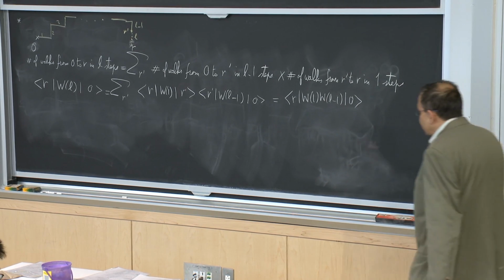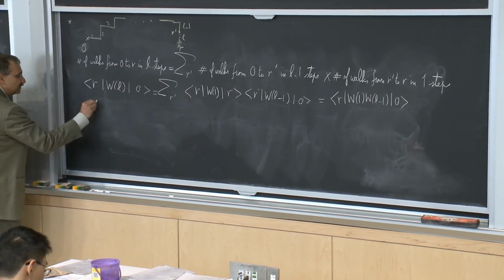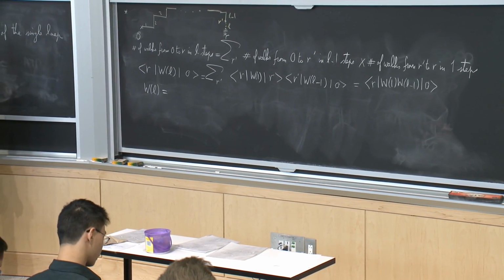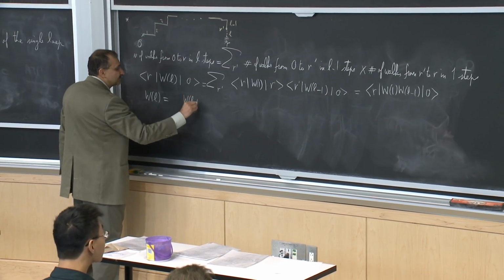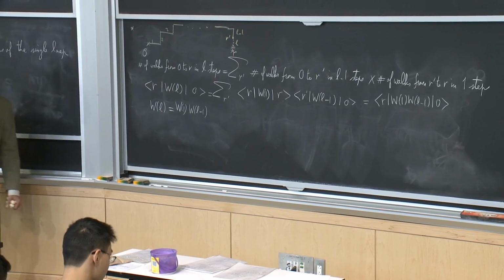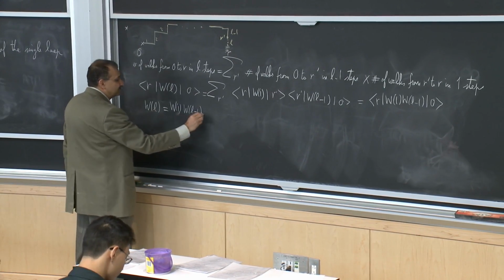So basically, quite generically, we see that W, the matrix that corresponds to the count for L steps, is obtained from the matrix that corresponds to the count for one step multiplying that of L minus 1 steps. And clearly, I can keep going.